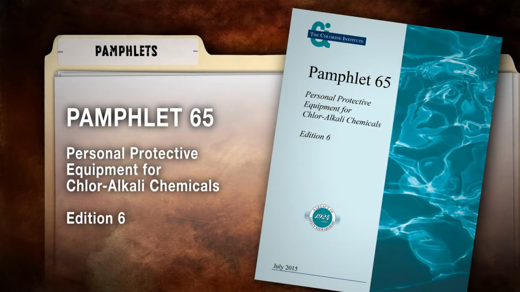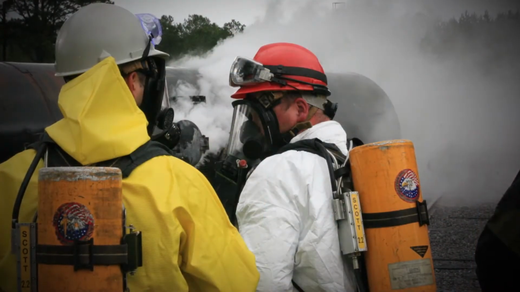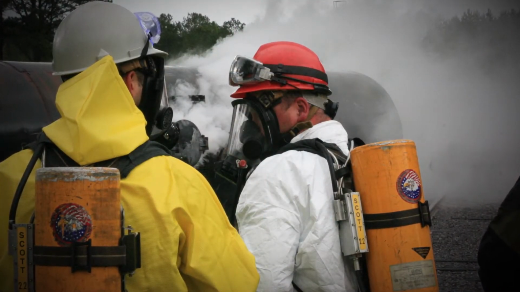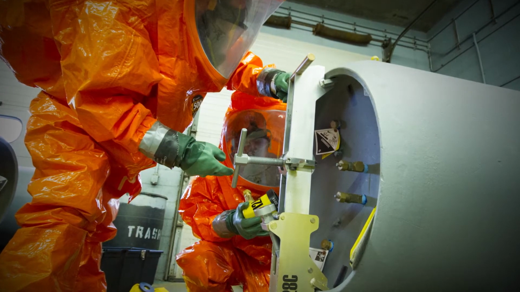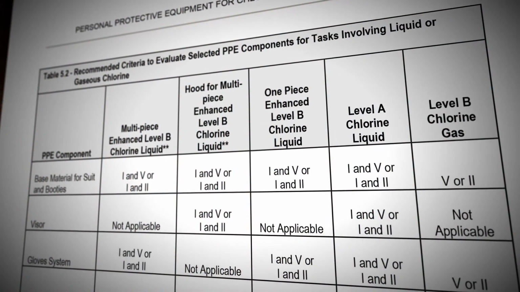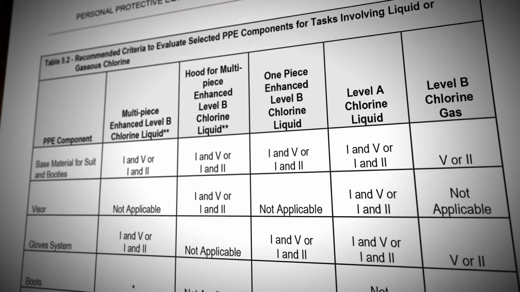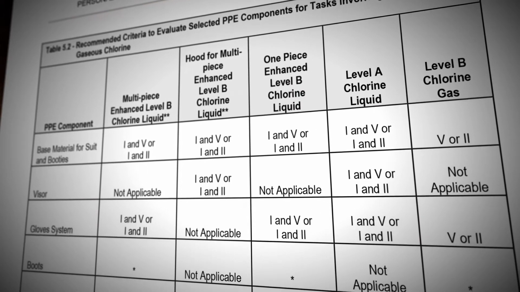Based on published literature, such as the Chlorine Institute Pamphlet 65, Personal Protective Equipment for Chlor-Alkali Chemicals, the determination for the initial level of PPE required can be made. Changing conditions may warrant a change in the PPE needed, but having an established PPE matrix can expedite the PPE selection process during an incident.